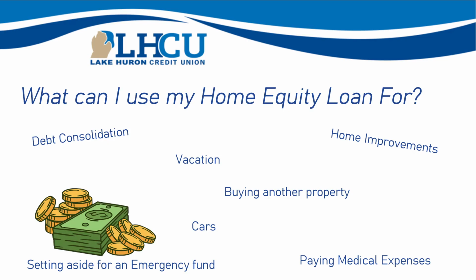There are so many more things that a home equity line of credit can be used for. Paying attention to what the member's saying while they're at your window. We might have a member who wants to buy property in the UP because they're going to be retiring, so they want to get that land now. This would be an opportunity where they could possibly use a home equity line if they have a current home.